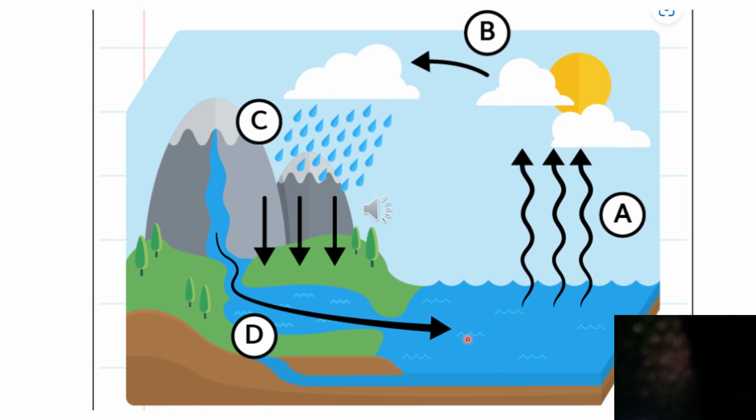The process is repetitive. It goes and goes and goes, to make sure that the water on our earth is sustained, to be used for animals, plants, and humans.